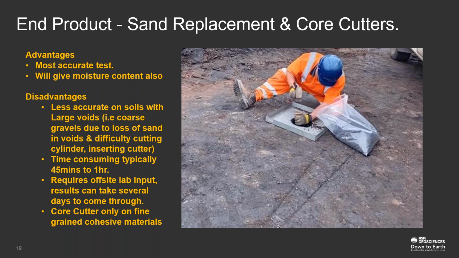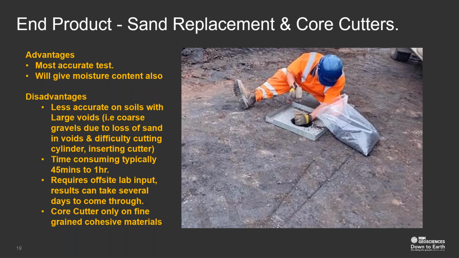The density and volume of sand used allows you to calculate the volume of the hole, and the soil can then be taken back to the lab, weighed wet, baked, weighed dry, to calculate the density and the dry density of the soil and the moisture content back in the laboratory.